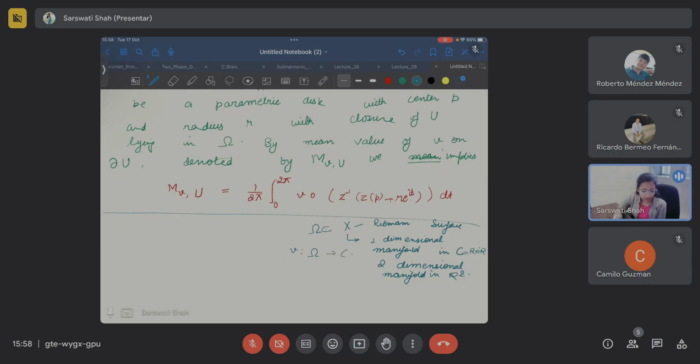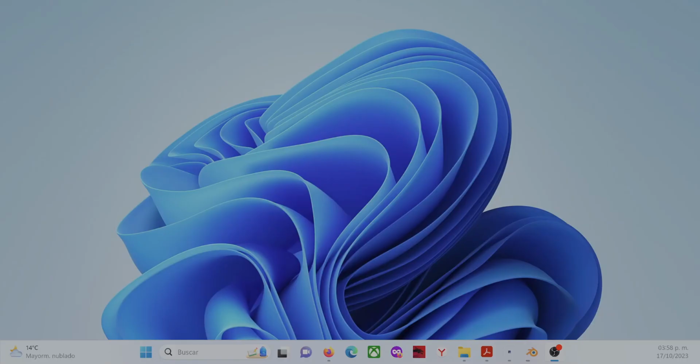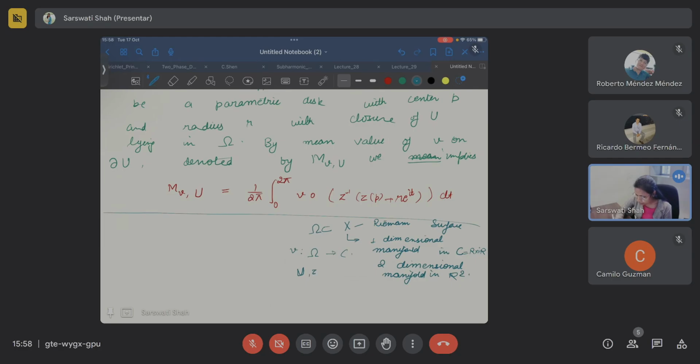It is said to be subharmonic if for every coordinate chart (U, z), with z mapping from the open set U to z of U, or you can say z is mapping from U to another open set V such that z of U equals V, both are the same statement.